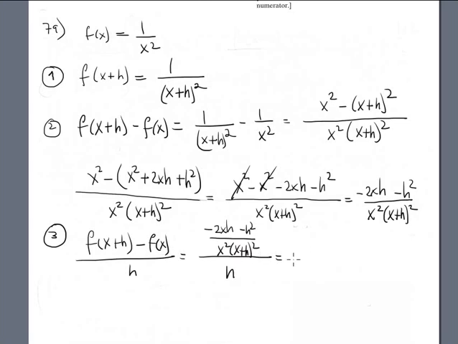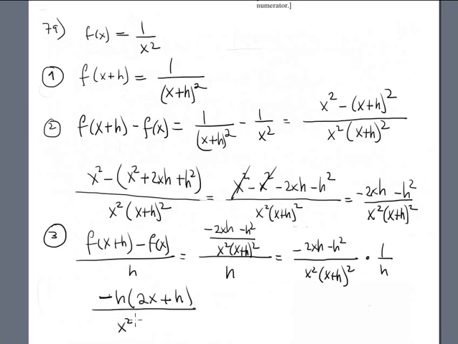So you copy the first, times 1 over h. Now in this case you find the common factor. The common factor here is minus h. Inside the parentheses we have 2x plus h over x squared times (x plus h) squared, times 1 over h.